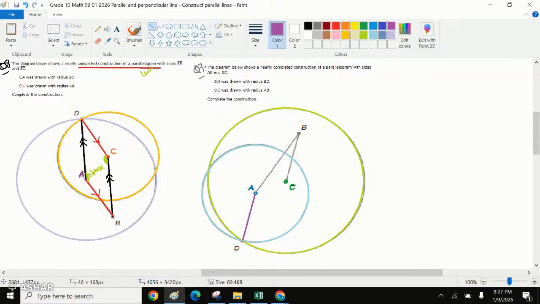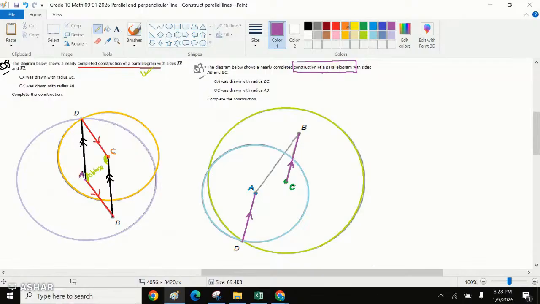What we did was we constructed another line that was equal in length to AD, but also equal in this direction. Equal in direction means same direction as AD. If they do not have the same direction, then we cannot have a parallelogram, because our condition is to construct a parallelogram, right?